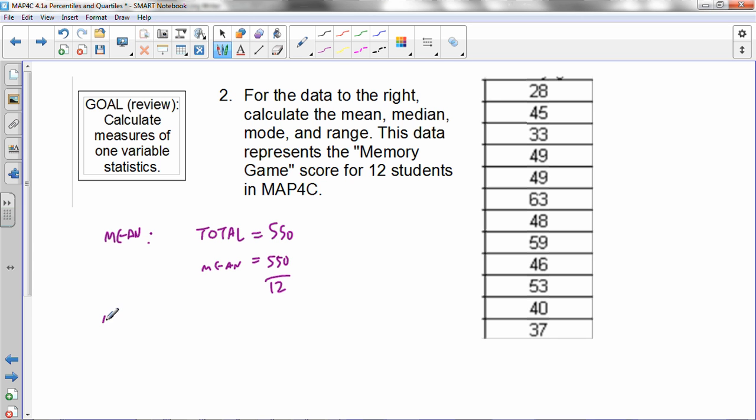For the median, it's the middlemost piece of data. But for us to find the middle one, they have to be in order. So we got to shuffle them into order here. This is actually harder to do than it sounds, because you try not to miss any pieces of data, and sometimes you'll miss one.